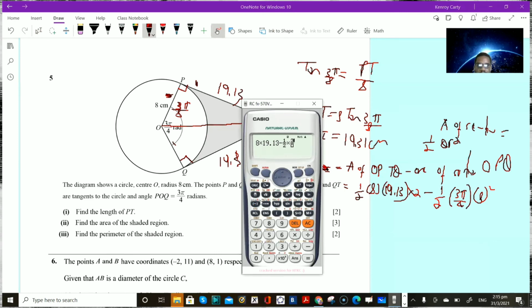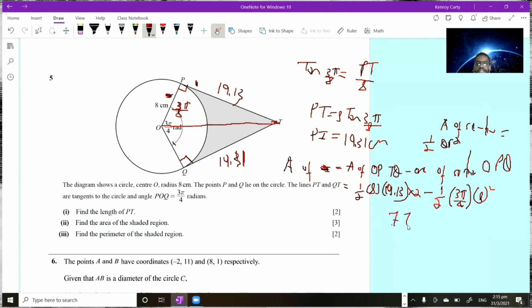So I'm gonna have 3 shift pi over 4. And then I'm gonna multiply this now by 8 squared, which I can just put in 64, right? Now this is 77.68. So I'm gonna have 77.68 square centimeters. Don't forget the unit.